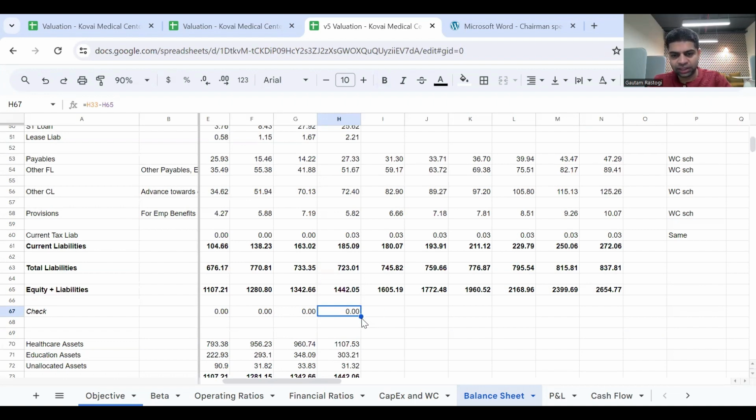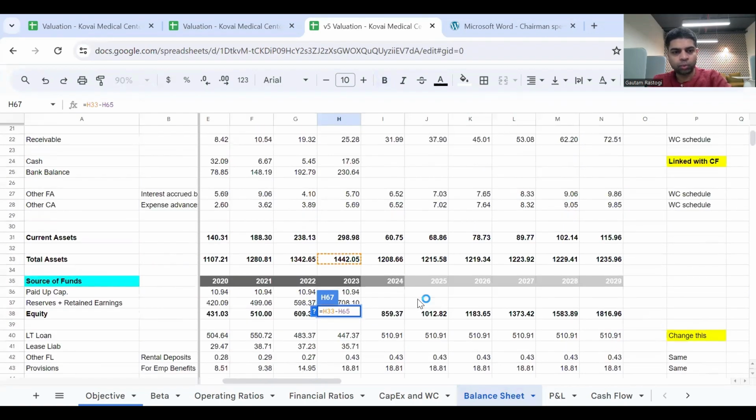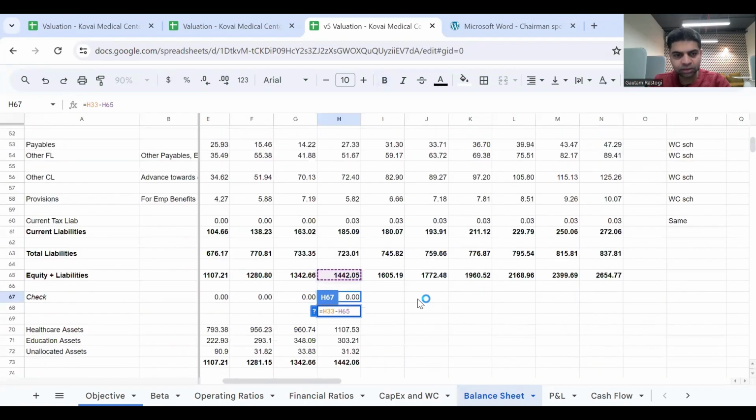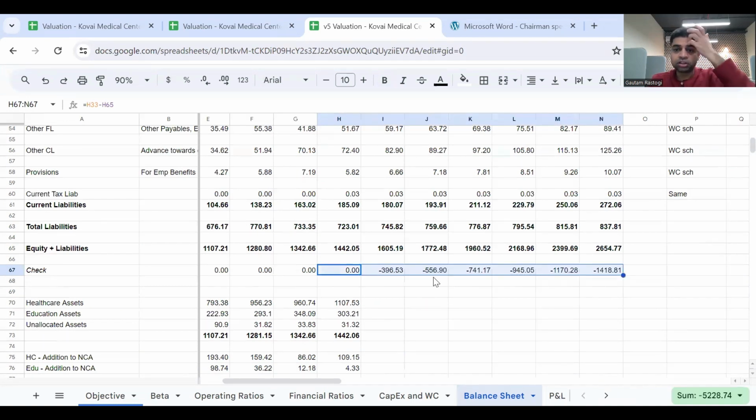Let me see. This is H33, which is total assets minus my equity minus my liabilities, which is H65. Let me track this. I see my liabilities are far more than my assets. Obviously, the balance sheet hasn't balanced yet, because we haven't really modeled the cash flow statement.